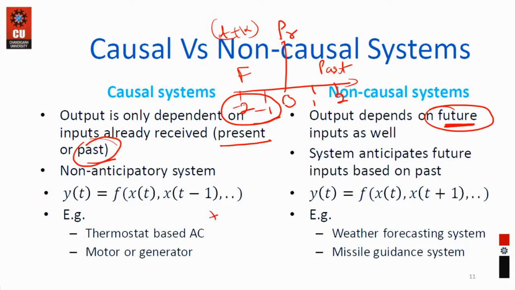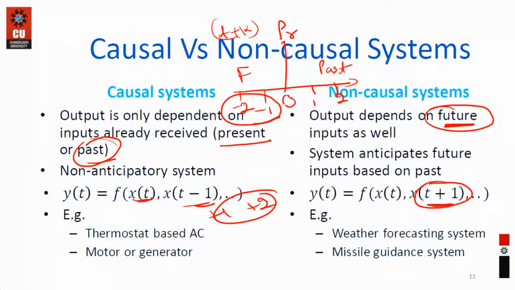If you have anything like t plus k, like +1, +2, it is a non-causal system. So if any equation is having +1, +2, it is non-causal. It depends upon the future. But if it is t-1, t-2 or t only, then it is a causal system.